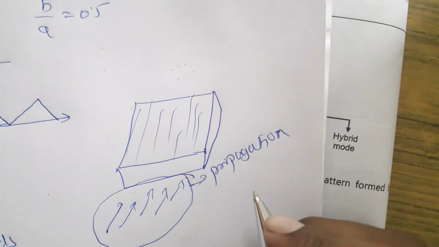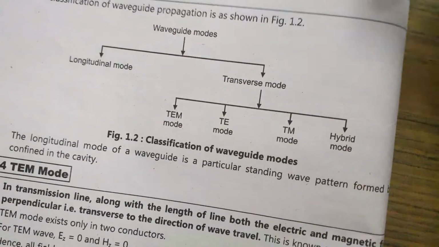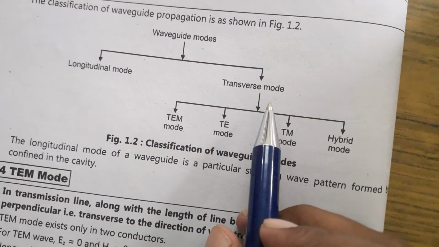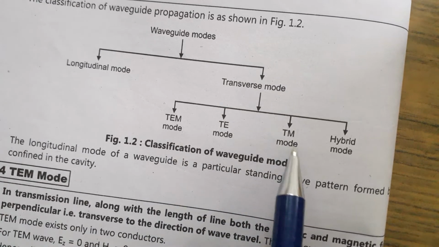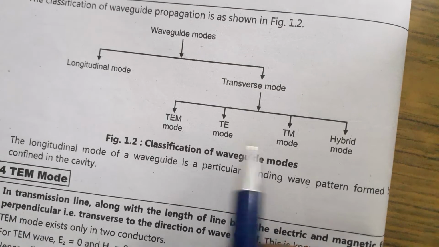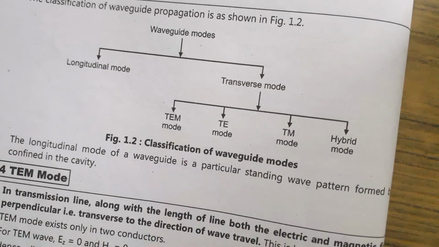These propagations are again of two types: longitudinal mode and transverse mode. In transverse mode we have TEM mode, TE mode, TM mode and hybrid mode. Hybrid mode means a combination of TE and TM mode, not TEM. That is a combination of electric and magnetic.